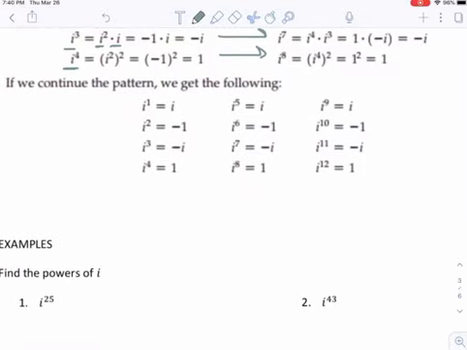So if I go down the line, it goes i, negative 1, negative i, 1. Once you get past 4, it starts repeating the same pattern. So every chunk of 4 for your powers, you're going to repeat the same exact pattern. It's going to go i, negative 1, negative i, 1. This is very important, these chunks of 4.